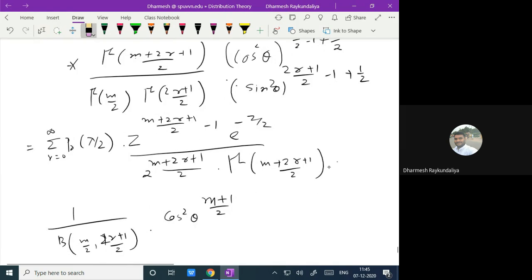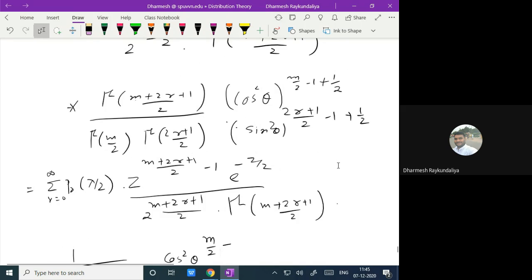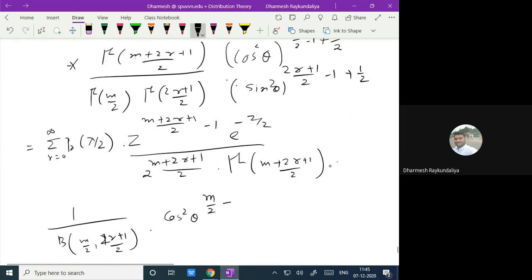Let us see. Here we can write it as it is, and it is 2 times 2, here we can take, so it is 1 by 2 plus 1 minus 1.